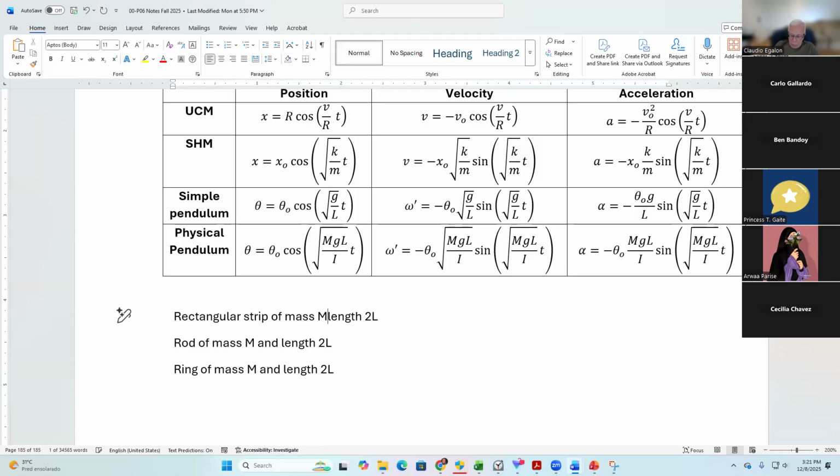And one more thing that I've got to tell you: a rod of mass M and length 2L suspended from its edge as well.